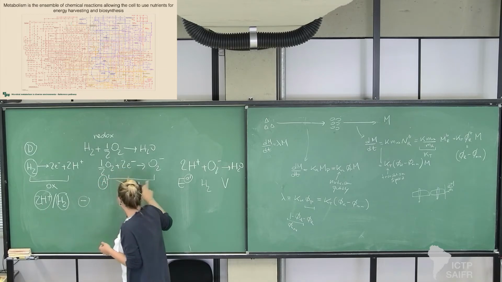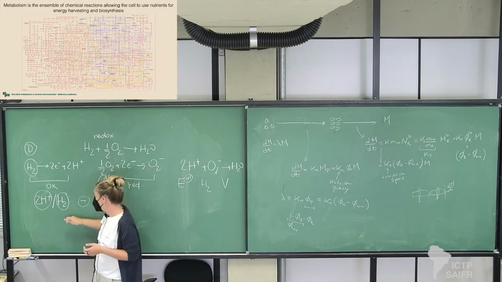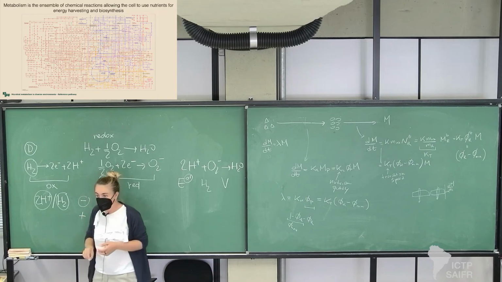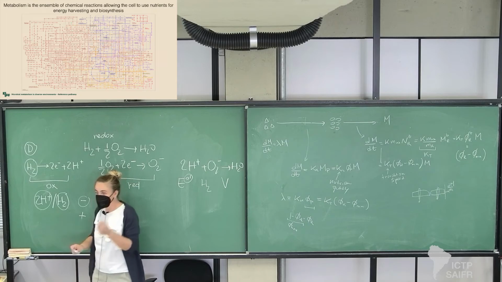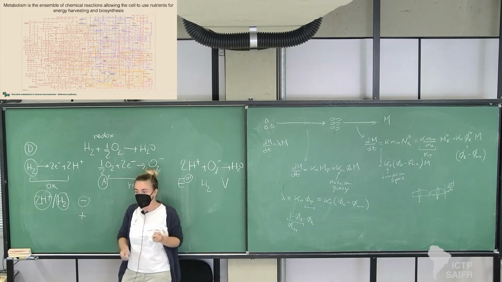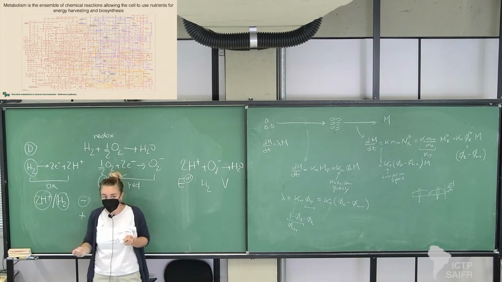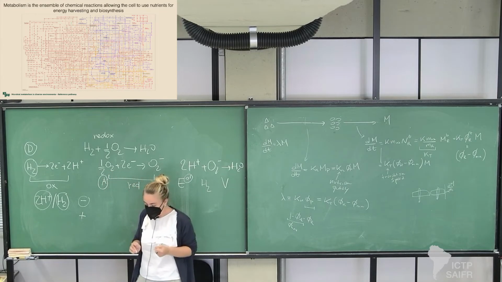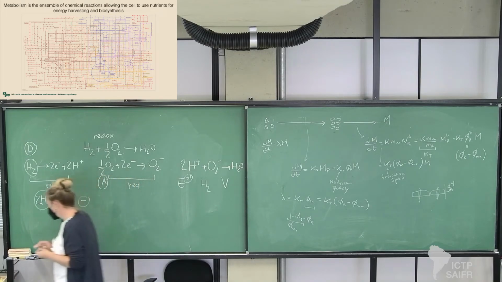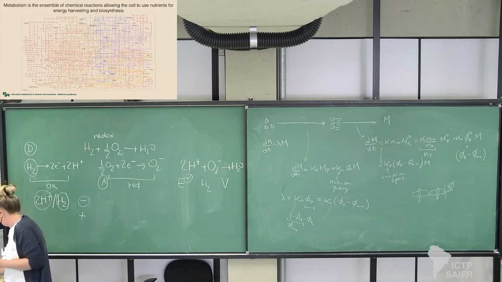In the case of oxygen, it is actually the opposite. The potential is positive, and as a consequence, the tendency of oxygen to acquire electrons is always bigger than that of water to lose electrons. Okay?